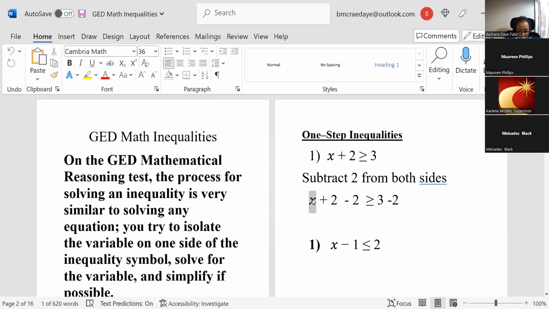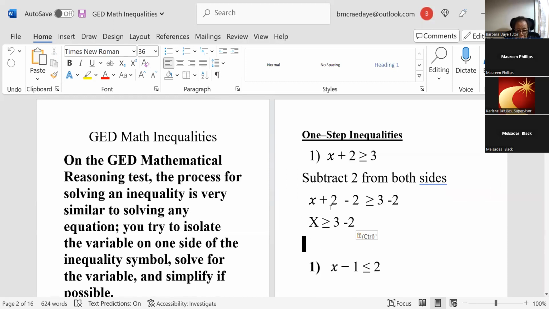So I put X, and then we have greater than or equal to 3 minus 2. What is 3 minus 2, Mercedes? That would be 1. That's right. So our answer will be X greater than or equal to 1. Just subtract the 2 from the 3.